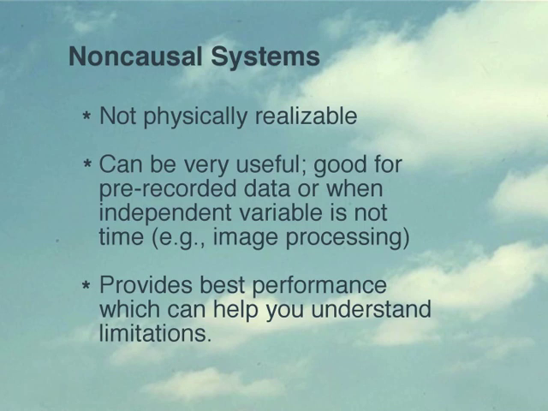For example, let's suppose you're writing an algorithm which will determine what stocks to buy. If this algorithm can only use past values of the stock's price, its performance will be different than if it can use future values of the stock's price. Clearly, if you have access to the future values of the price of a stock, you'll be able to make much better picks in terms of what stocks to buy now.